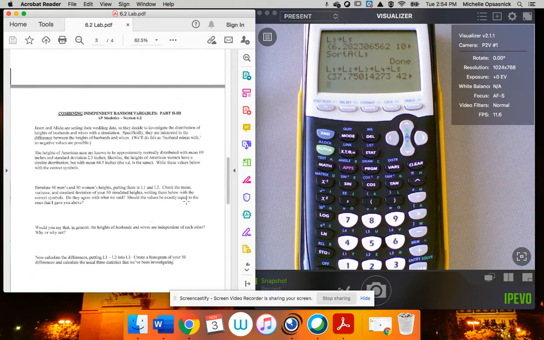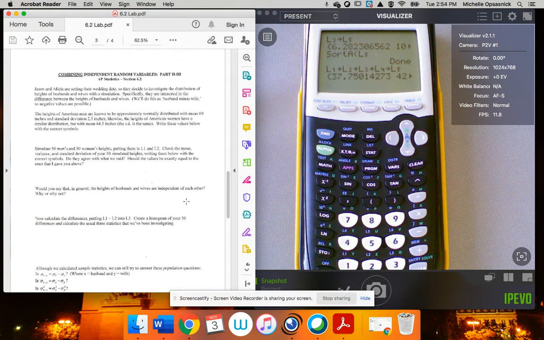And then here for parts 2 and 3, you're going to end up doing the same idea here, but you are simulating heights. And so you'll use that random norm function 2 times in this portion, one for the men's heights and one for the women's heights. So you're simulating 50 of each, and it gives you the mean and standard deviation here for the men and women.